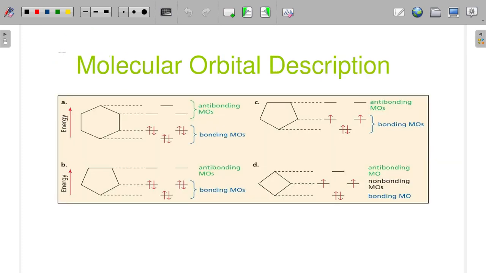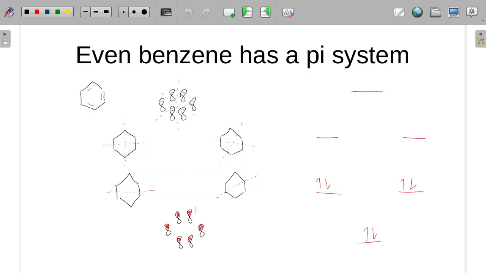Now, these diagrams help us explain why it needs to be an odd number of pairs. Turns out when we arrange these, you're always going to have a single way of drawing it that has everything in phase. So there's only ever one pair down here. But as you go up on rings, there's always two ways to put a single node. There's always two ways to put a second node.